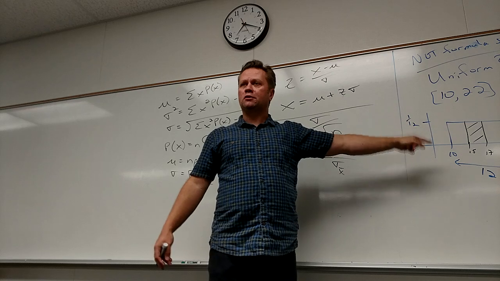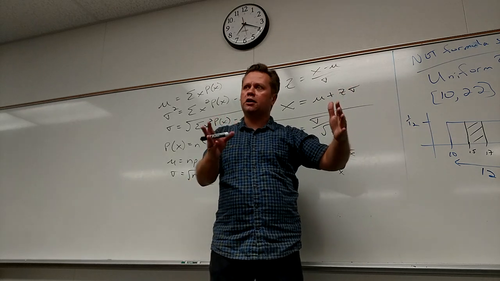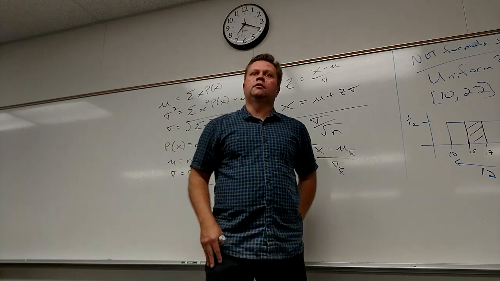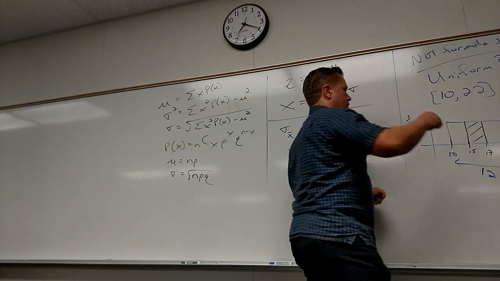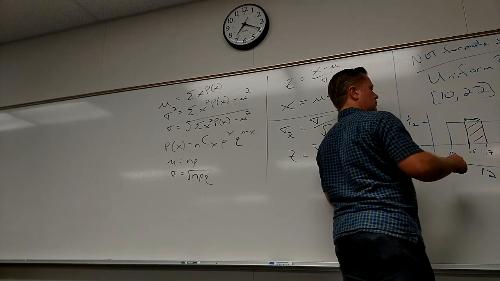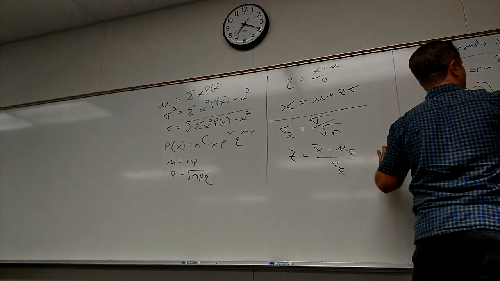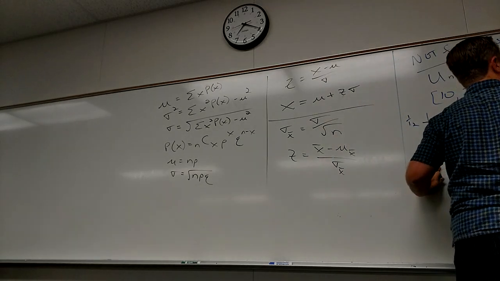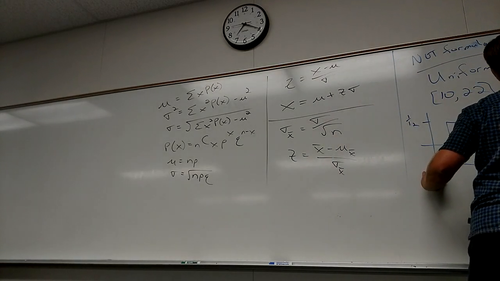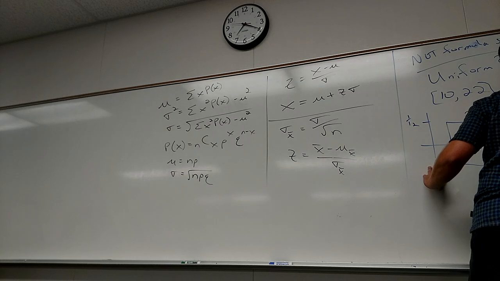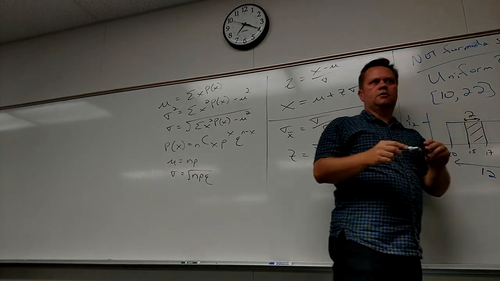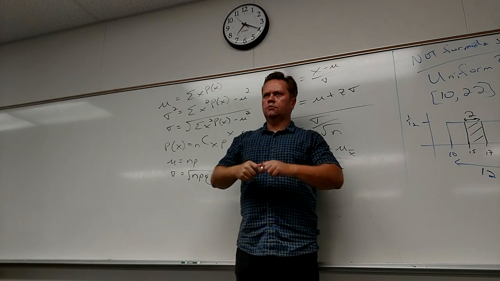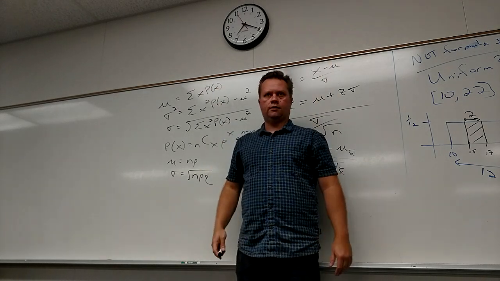So all I have to know is the width of any little rectangle I'm talking about, and multiply, that's the area, which is the probability. So how wide is this thing? 2. So what's the area of this thing? 2 times 1/12. 1/6, 16.66%. 0.16667, whatever you want to put down there.